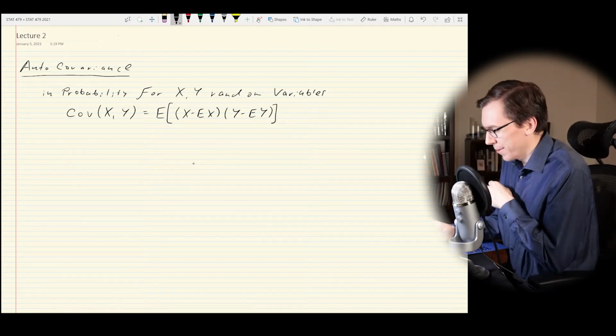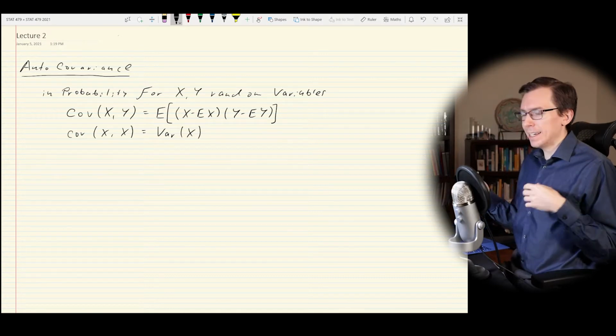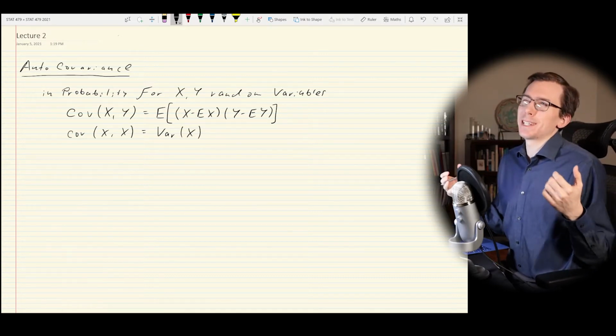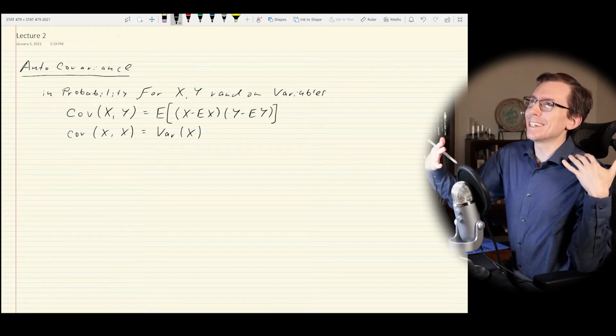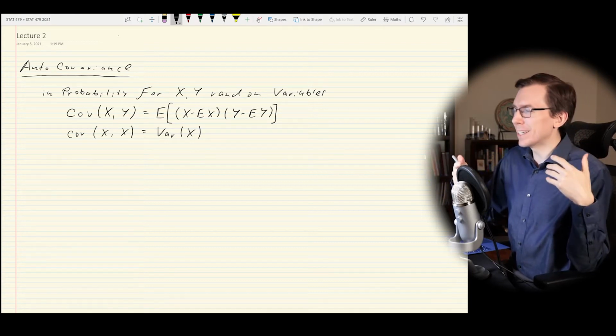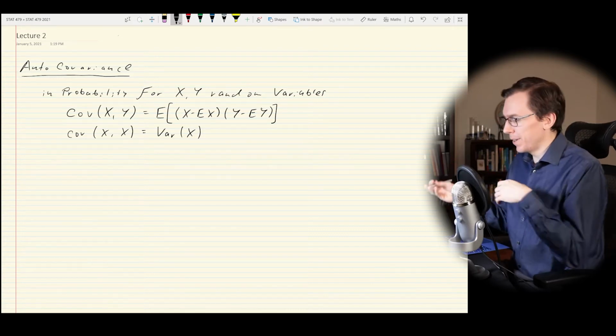Of course, the covariance of a random variable with itself is just going to be the variance of that random variable. And the idea is that the covariance is going to, in some sense, measure the linear dependency, which is not exactly the right way to say it, but the linear relation between these two random variables.